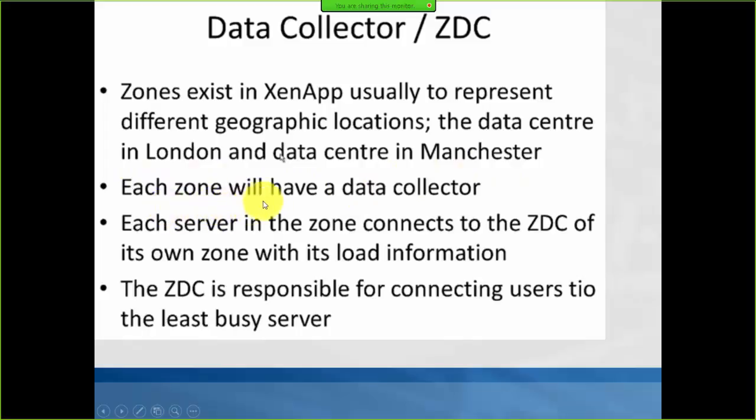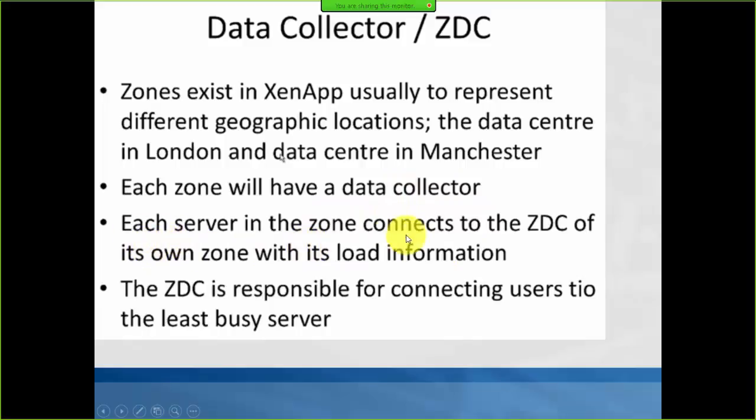Each zone will have a data collector. Suppose there are 5 XenApp servers in Manchester and 5 XenApp servers in London. You will have one zone data collector for each zone.